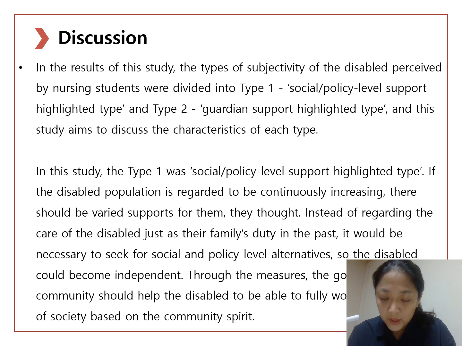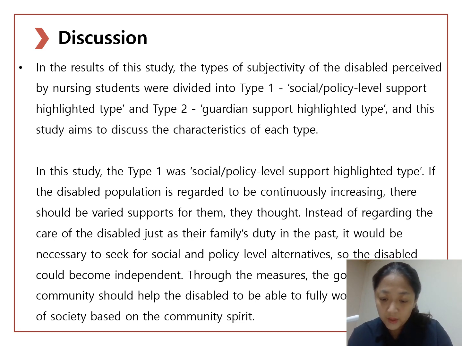They thought that instead of regarding the care of the disabled just as their family's duty as in the past, it would be necessary to seek social and policy level alternatives so the disabled could become independent. Through the measure, the government and community should help the disabled to be able to fully work as a member of society based on the community spirit.